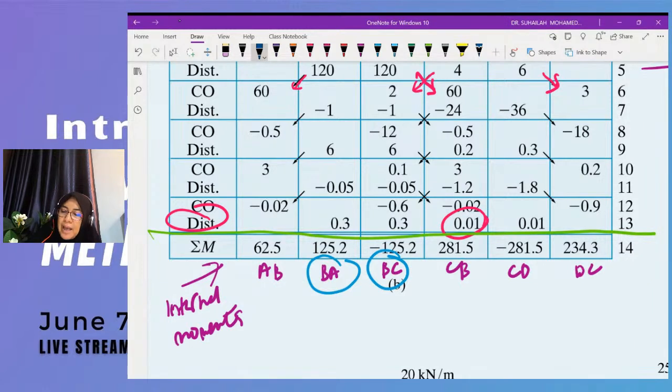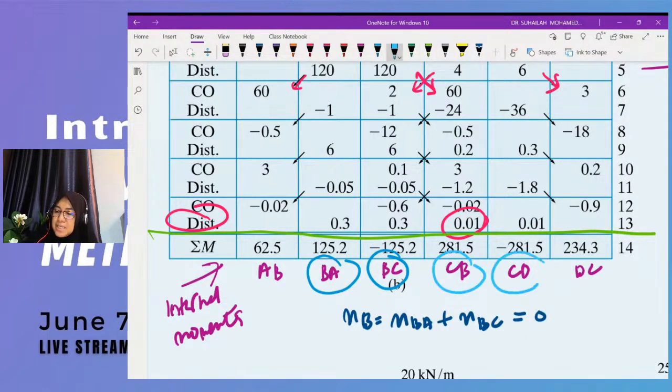That is why at B and C the total is 0. MB is MBA plus MBC, and this is equal to 0. That is why one value is negative, one positive. Same goes to CB and CD.